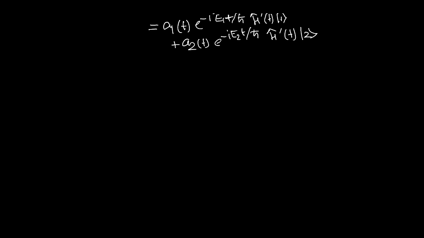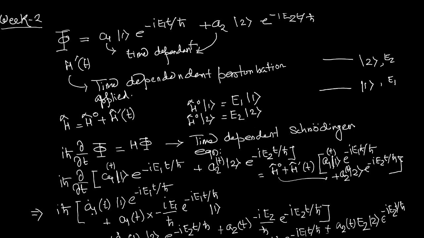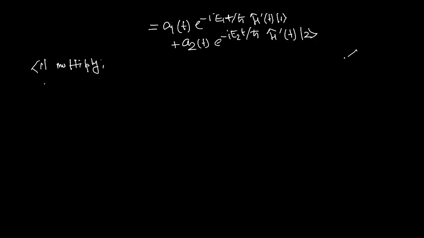So if we multiply with psi 1, then what will we get? This term will come out, and psi 1 and psi 2 are orthonormal, so this will be 0.